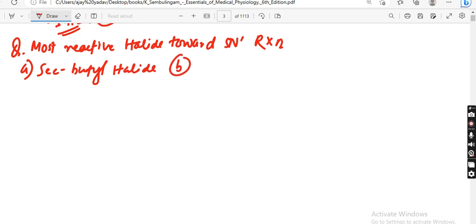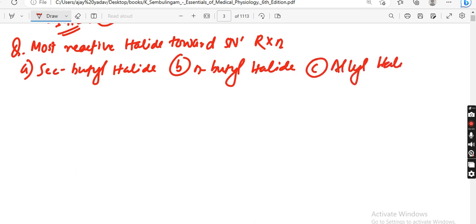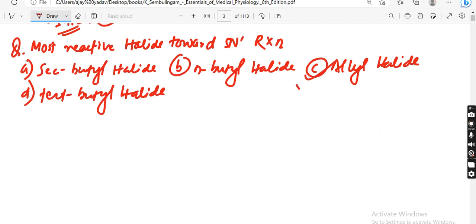B is n-butyl halide. C is allyl halide, and D is your tert-butyl halide. So allyl halide would be the answer.